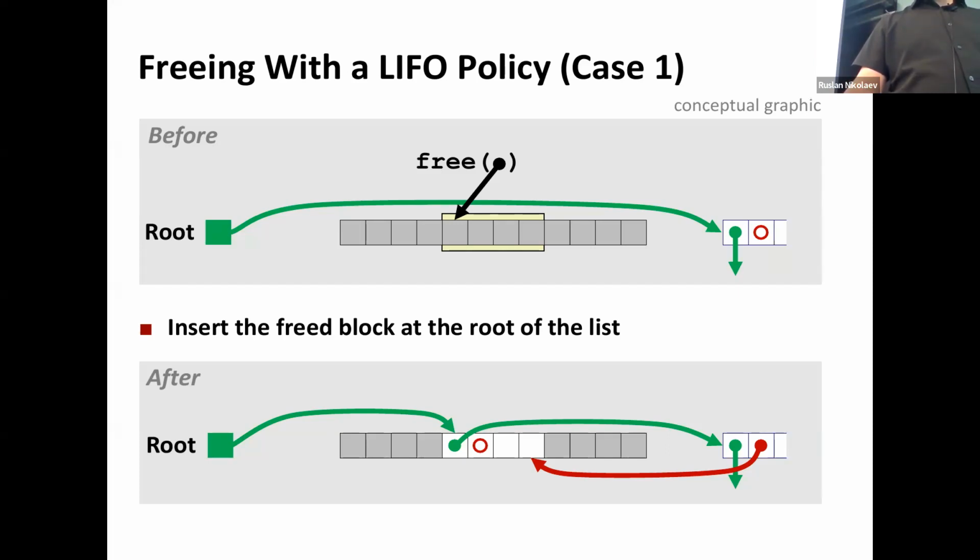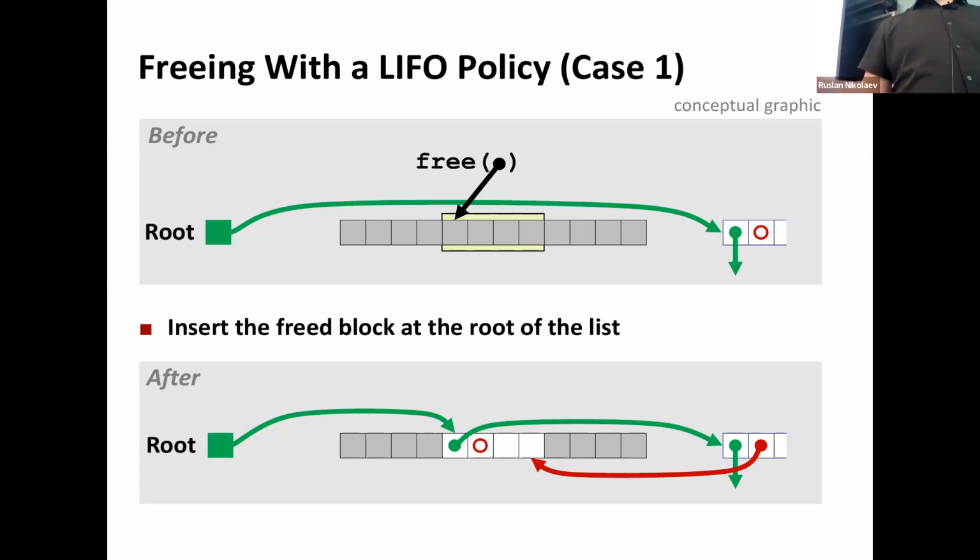The start of the list will point to the new node, and the new node's next will point to the node that root was previously pointing to. And then you also have to update the previous pointer of that node, the node that was previously first.